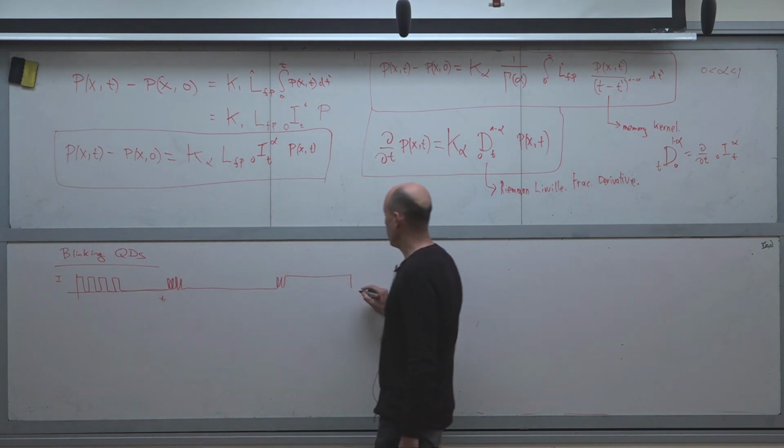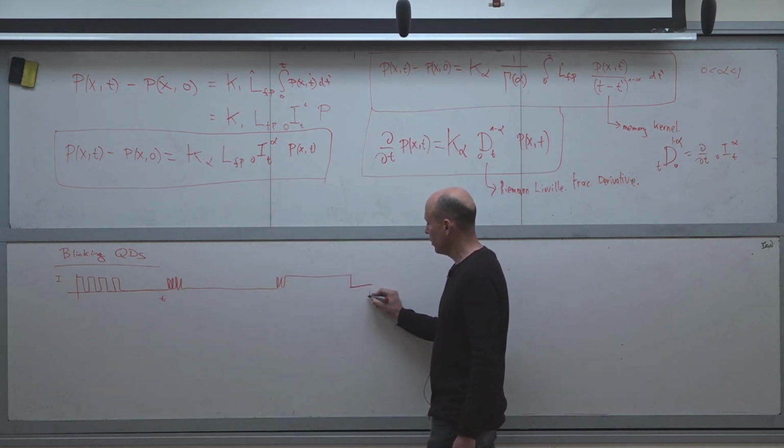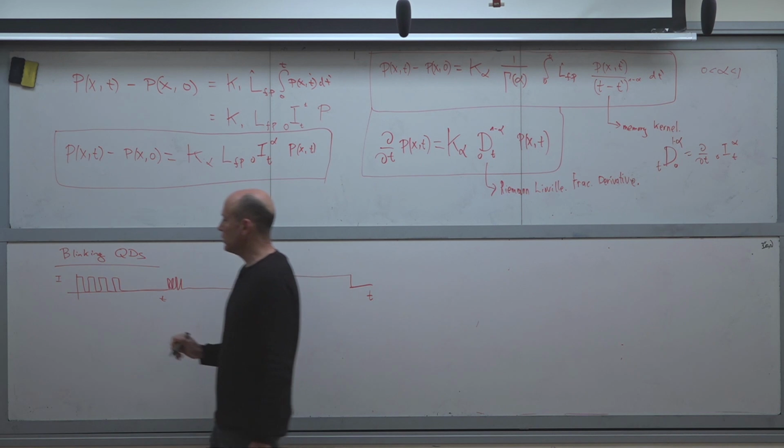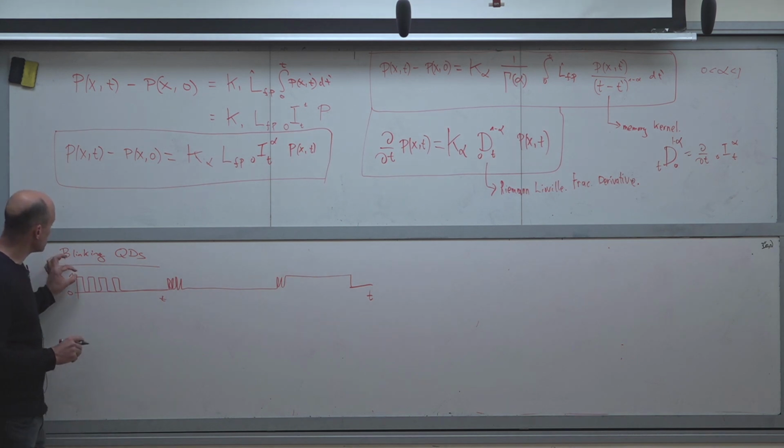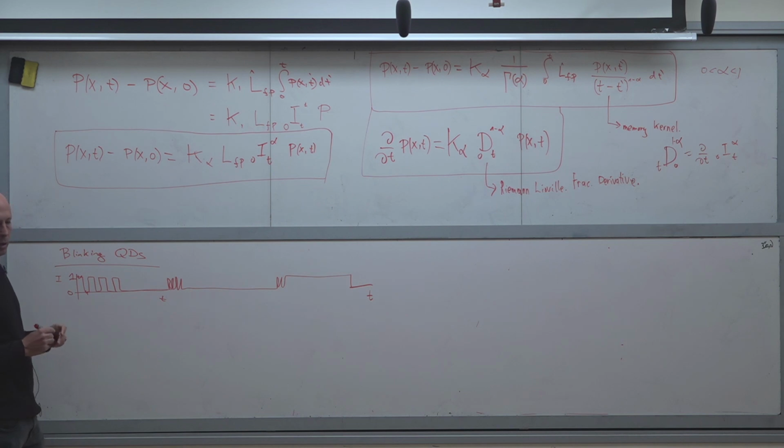I showed you some experiments where you have some intensity, which I'm going to call 1, and some other intensity, which I'm going to call 0. Of course, in the real experiment, there's some noise here and some noise here.